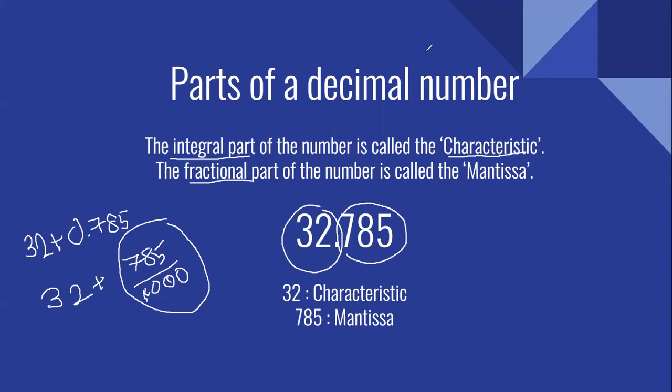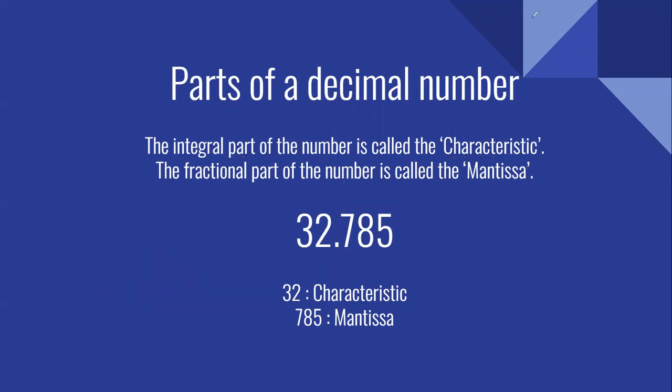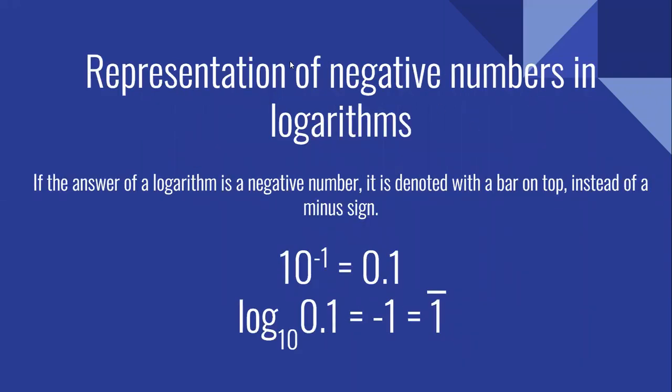Okay, so let's move on and look at how a negative number is converted in logarithm. Representation of negative numbers in logarithm: if the answer of a logarithm is a negative number, it is denoted with a bar on top instead of a minus sign. For example, we have taken 10 raised to minus 1 here, and 10 raised to minus 1 is nothing but 1 by 10 raised to 1, which is 1 by 10, which is 0.1.